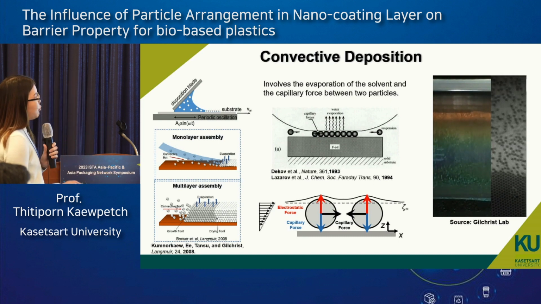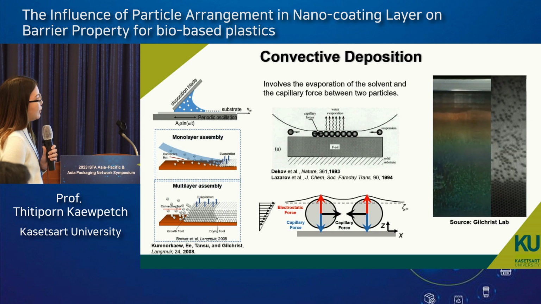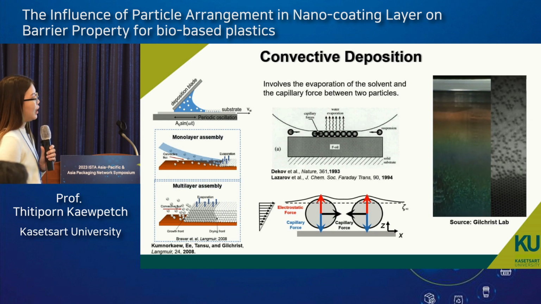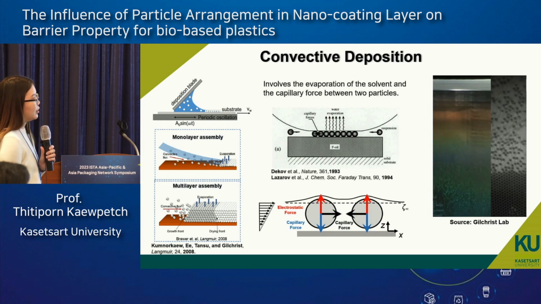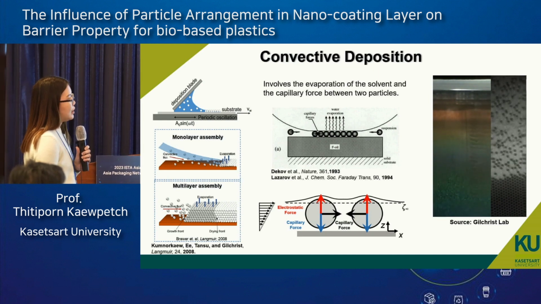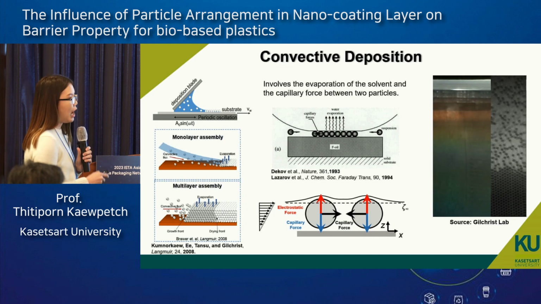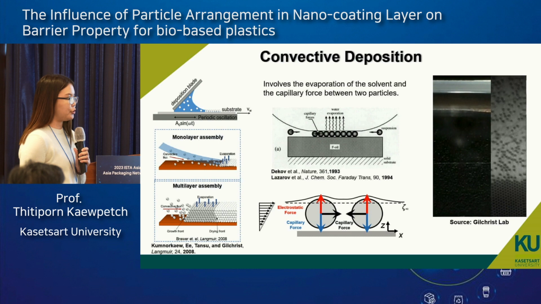When there is evaporation of the solvent right in this area, there is a mass balance, so the bulk suspension is dragged to this area, and it brings all the particles to this area as well. But how does it form the ordered structure?